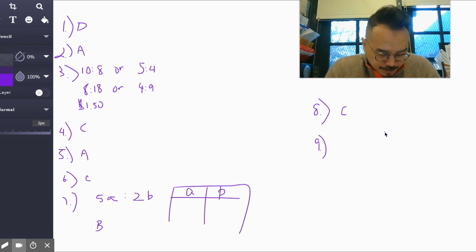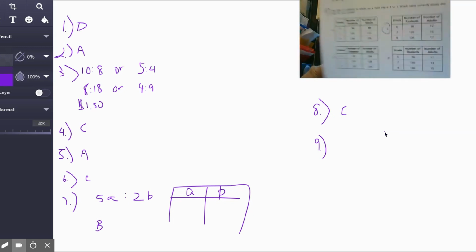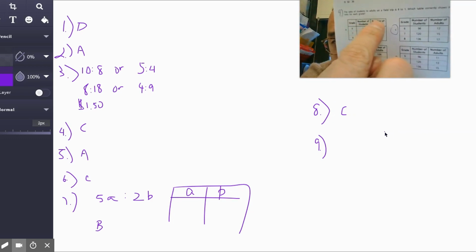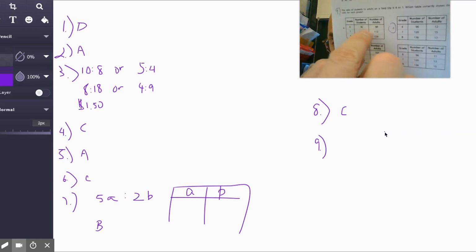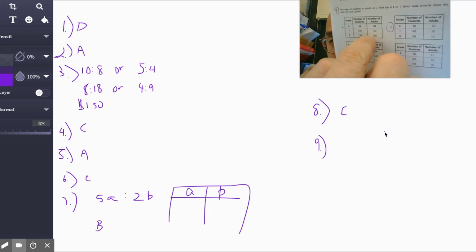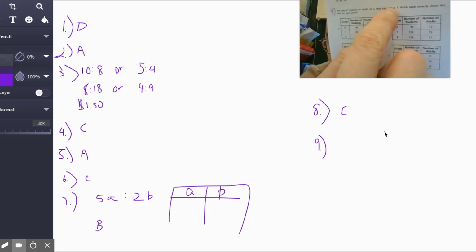All right, now let's see. Same thing. Students to adults is 8 to 1. So you look at each of the tables and focus on students to adults for every row. Now look at the first one. The numbers are ridiculously high, so you know it's not 8 to 1, because 8 to 1 is a pretty high ratio.